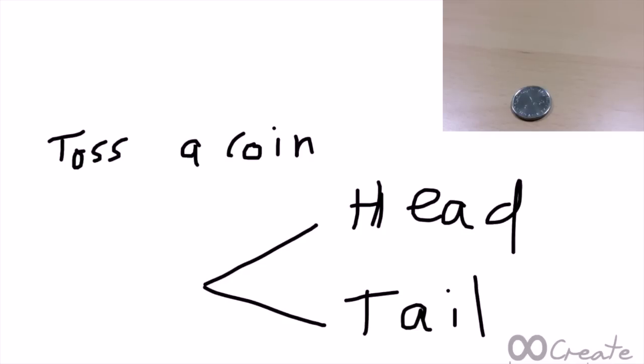Let us do another probability experiment. This is a die. Let's roll the die again. Alright, now what is the outcome? I got 4. Let's roll the die one more time. Okay, I got 6.